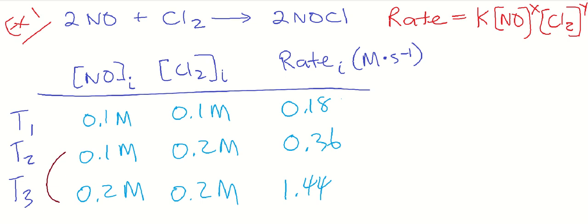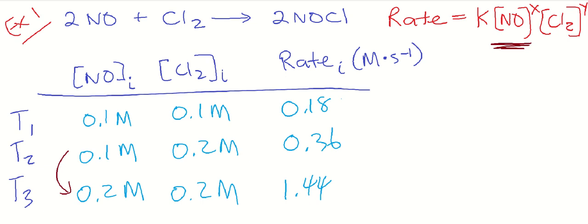I'm going to try to color code this actually. For that maroon color, NO, we're going to compare trials 2 and 3. So what just happened between trials 2 and 3? How much did the concentration change? Between trials 2 and 3, we doubled it.